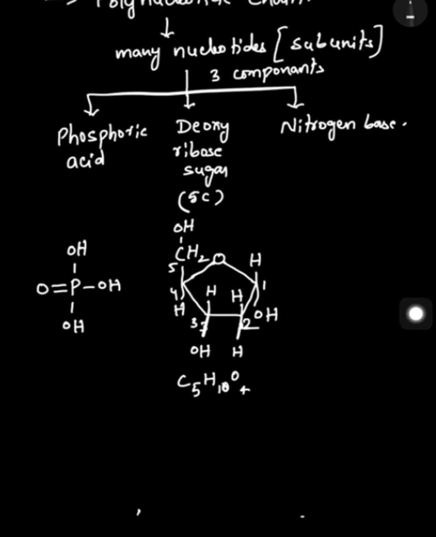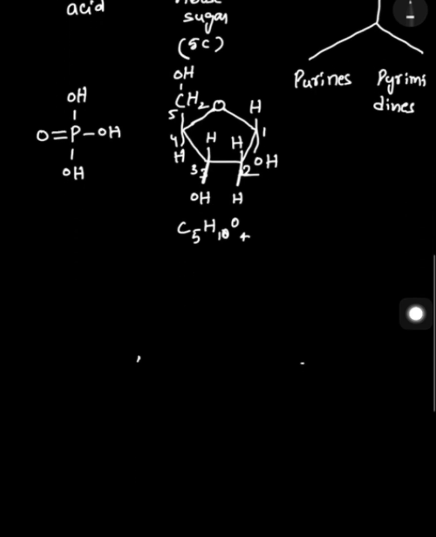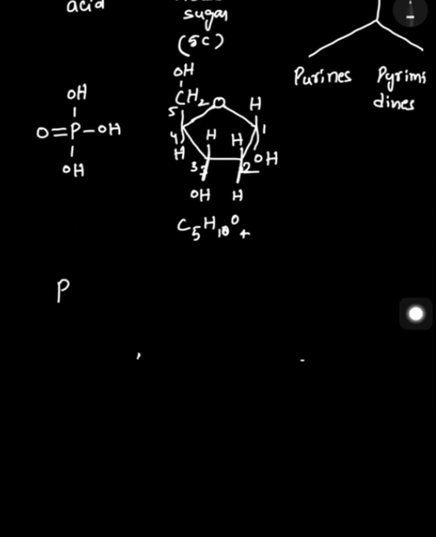And nitrogen bases are of two types: purines and pyrimidines. Let's see about purines.